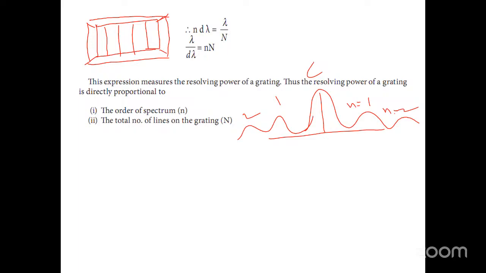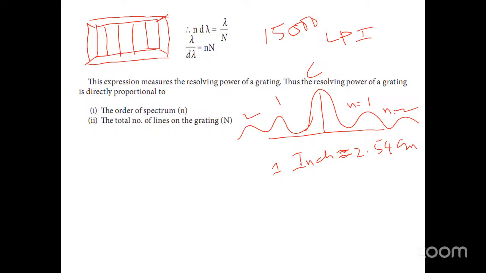Usually you may have 15,000 LPI. What do you mean by LPI? Lines per inch. 1 inch equals 2.54 centimeters.